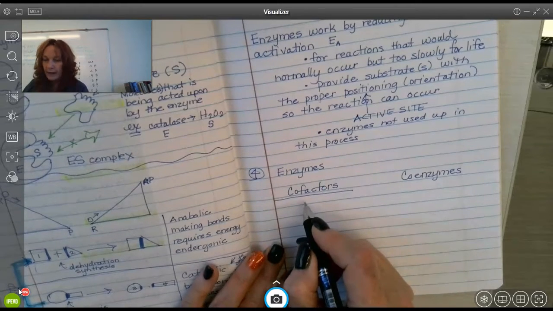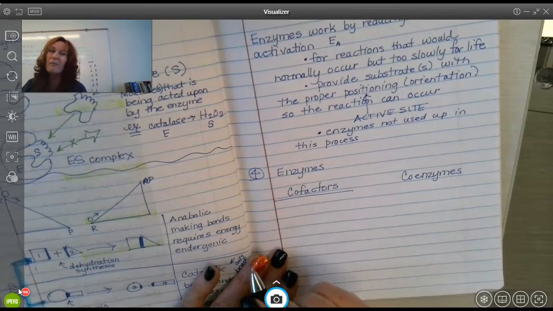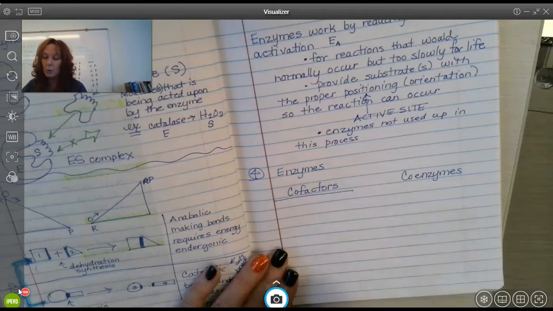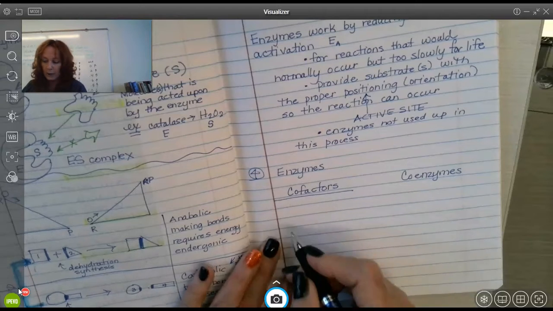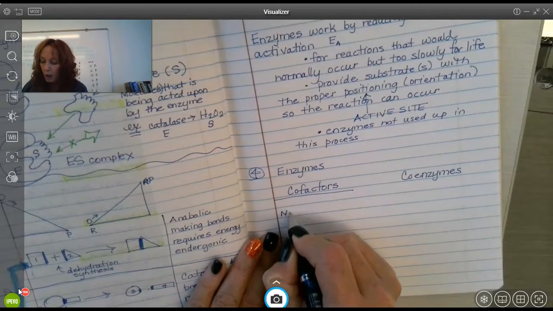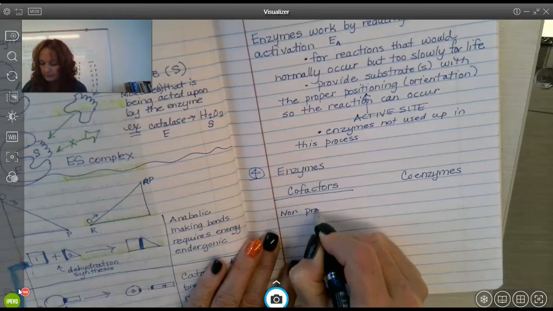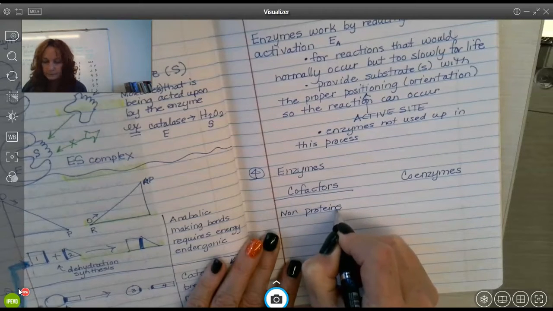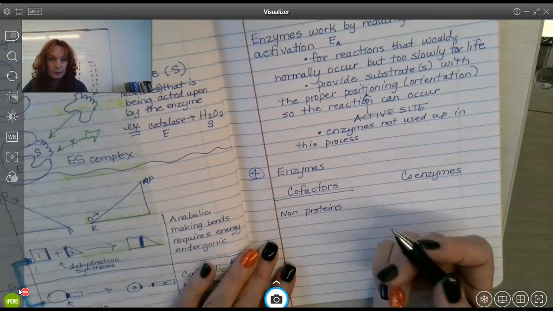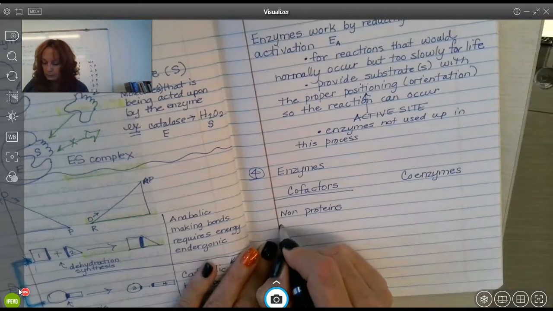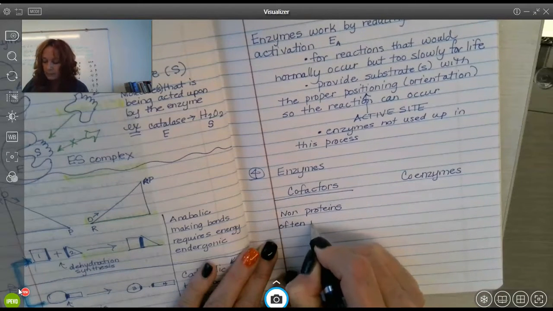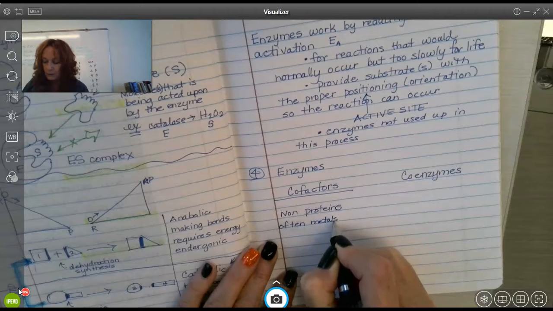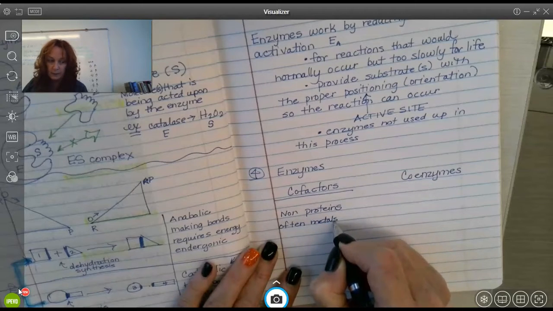So a cofactor, obviously when I said manganese, you knew I wasn't talking about a protein, right? They're non-proteins. They are often metals, like what I talked about. That's why these are in your multivitamin.